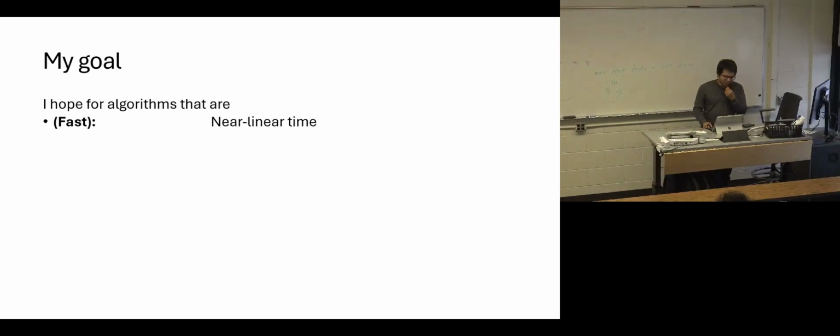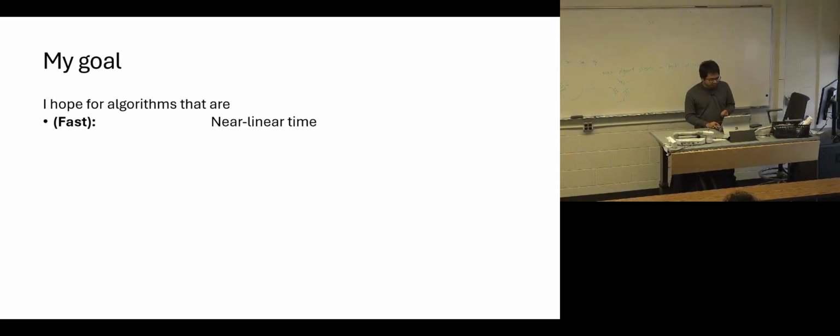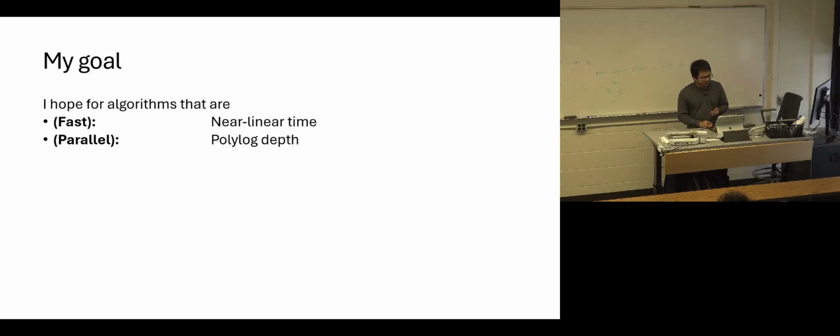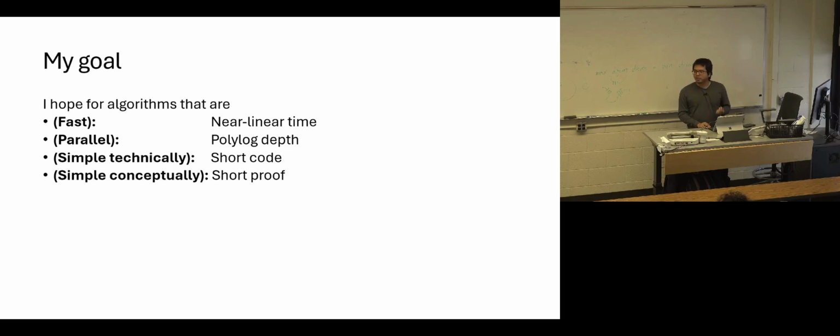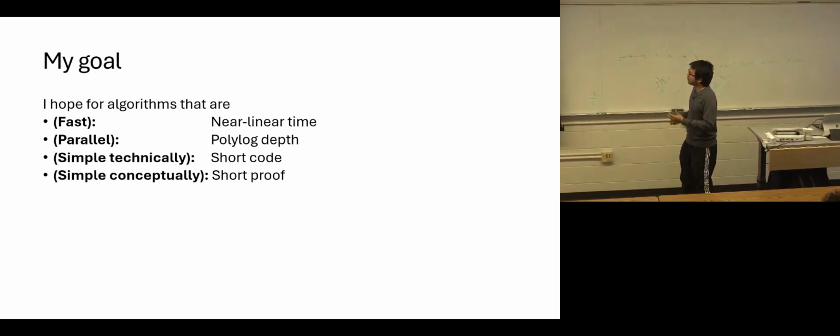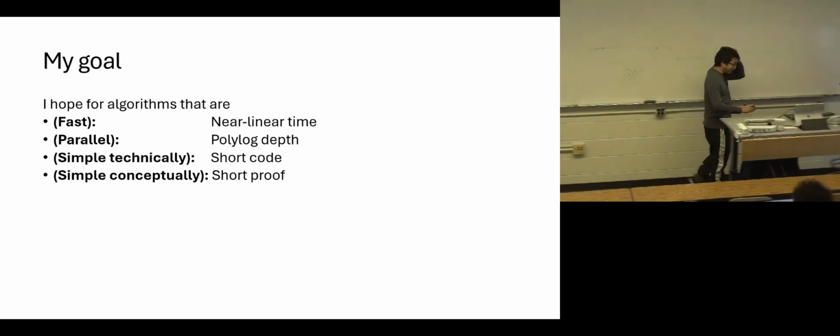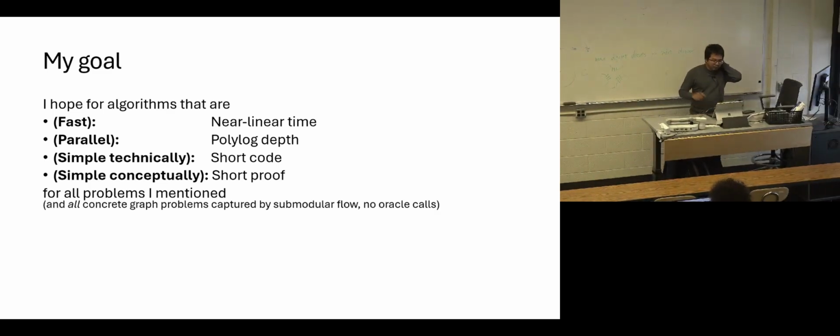I think it's really possible to get fast algorithms in near linear time, even parallel, so that we can utilize many computers. Not just that, it should be simple technically, maybe simple to implement in short code. It should be simple conceptually too. That's two different things, and they might not happen at the same time. It should be simple to understand, with a short, easy proof. This should be possible for any problem that I mentioned.